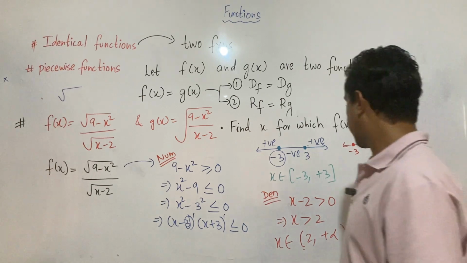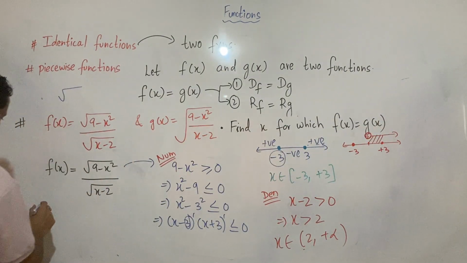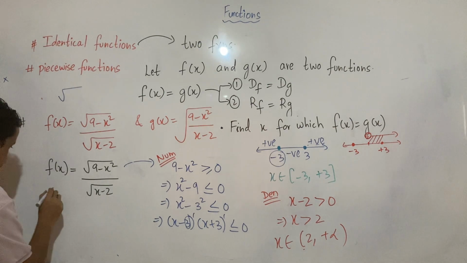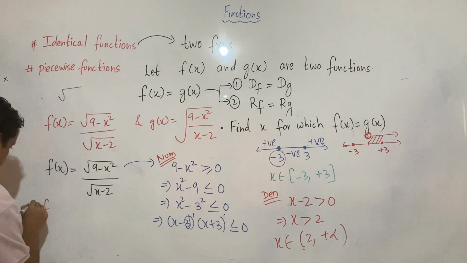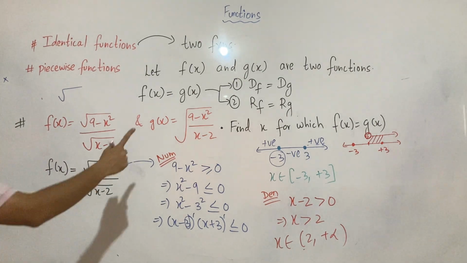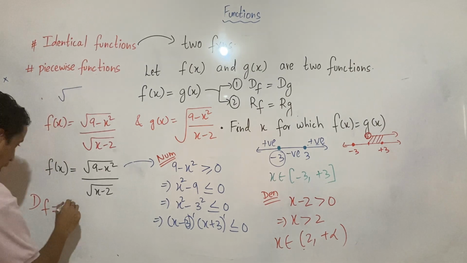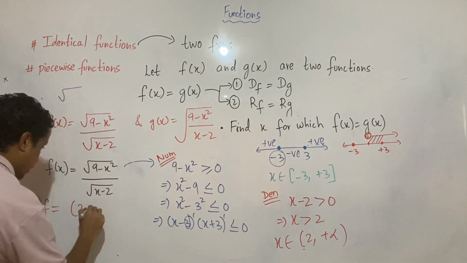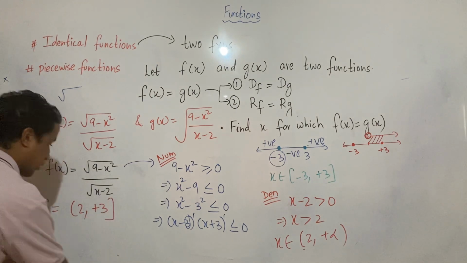So for f(x), the domain Df is going to be (2, 3]. Why?